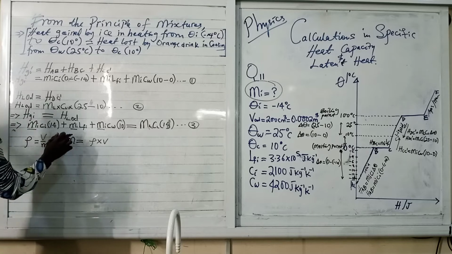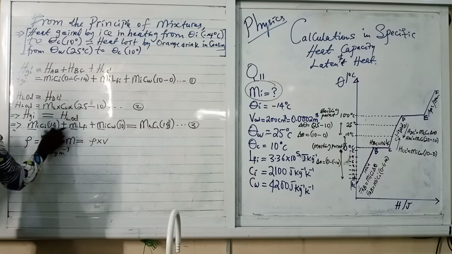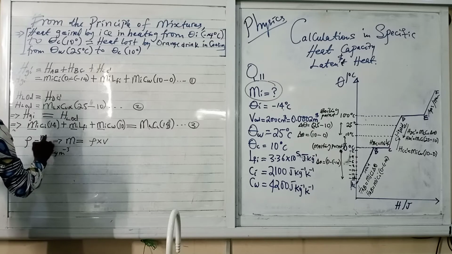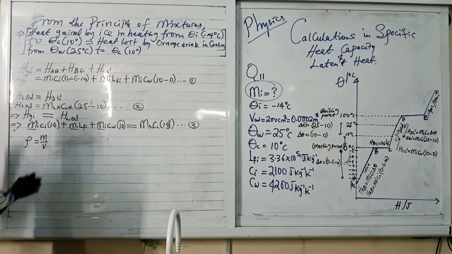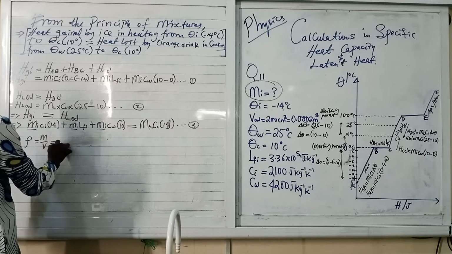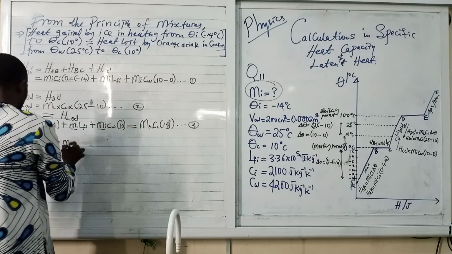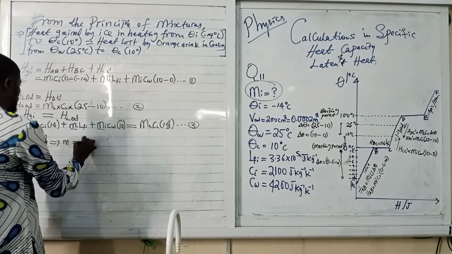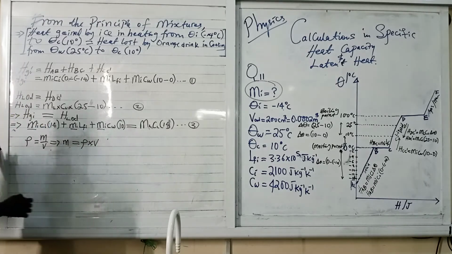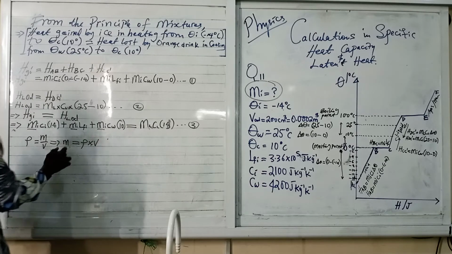Sorry, I was correct: mass over volume. So this implies that the mass of a liquid is equal to density times volume. That is it. Mass is density times volume.